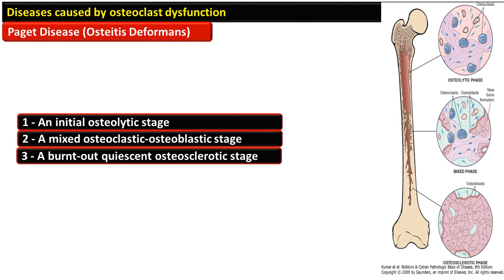Due to excessive useless bone formation, it is more compact and more dense. On radiology, this burnt out stage also appears as a cotton wool appearance. We are going to see some X-rays of Paget disease in the upcoming slides.